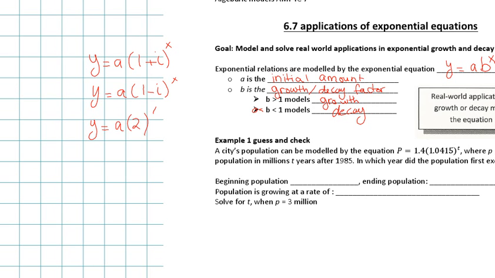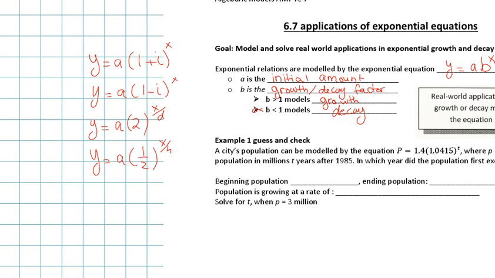The reason why it's over d here is because you have to account for how long it takes to double. So let's say your doubling time is 10 years, so every 10 years you're doubling, then your d is going to be 10, okay? And then x is going to be whatever the question is asking you for it to be. And then you have the half-life, which is (1/2) to the power of x over h, where h is the half-life time.